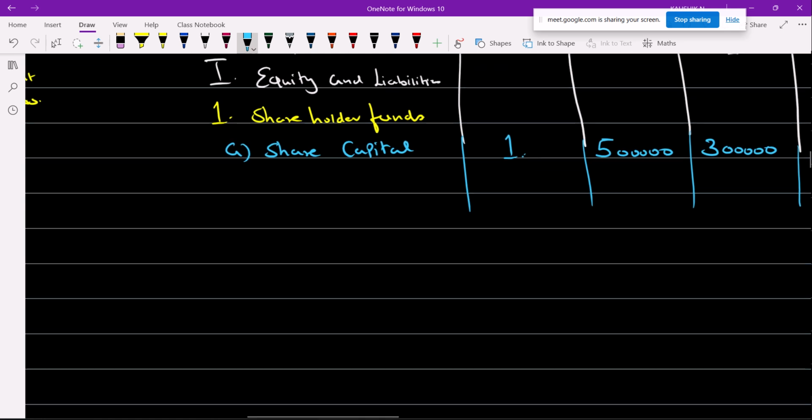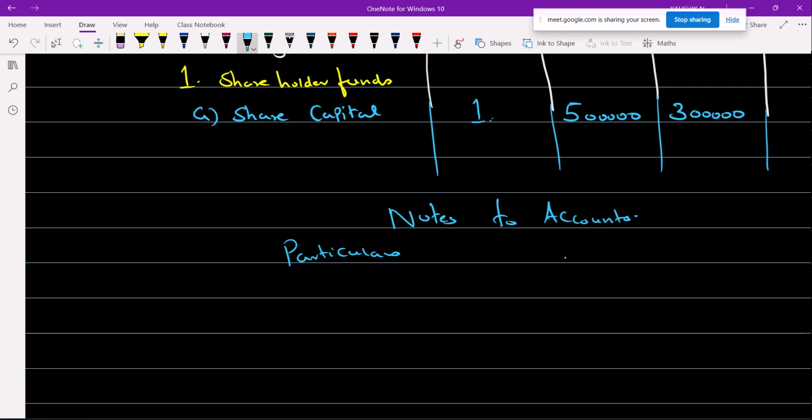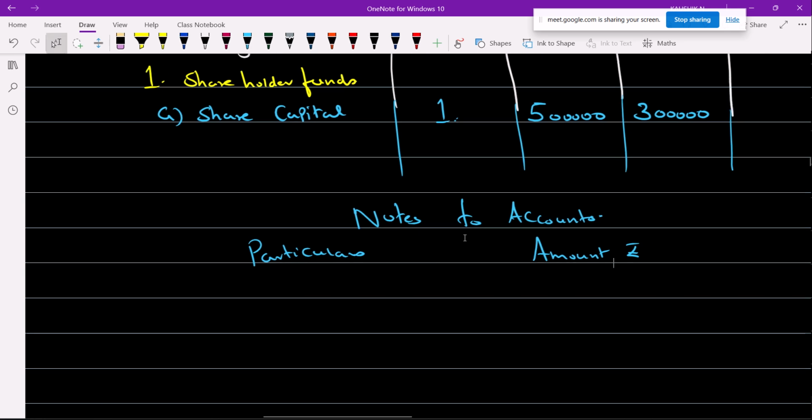Then immediately after your balance sheet you will have a heading called notes to accounts, which will consist of particulars and amount in terms of rupees, representing the current year. Or you can have two columns, one for the current year and the other for the previous year, but in most cases it refers to the current year.